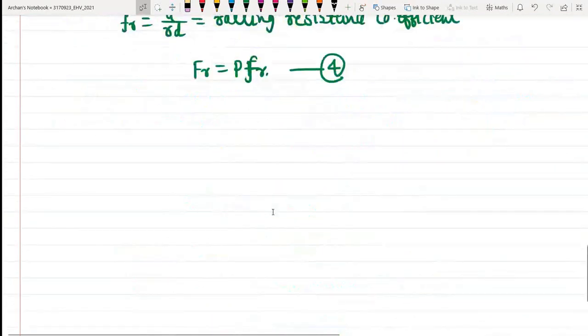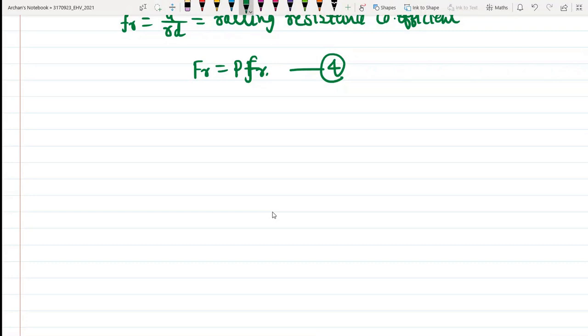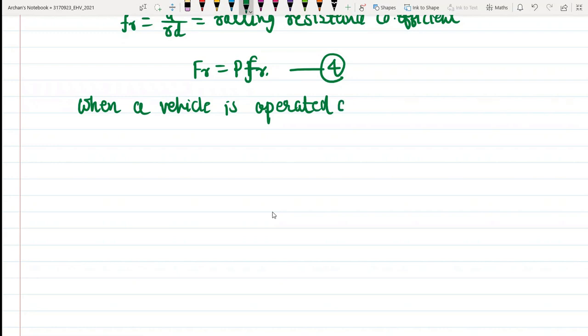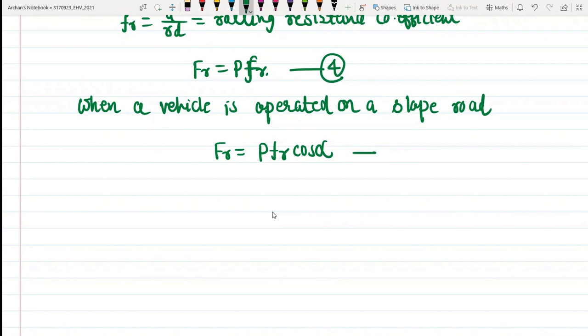So when a vehicle is operated on a slope road, in that case Fr will be equal to P fr cos alpha, right?